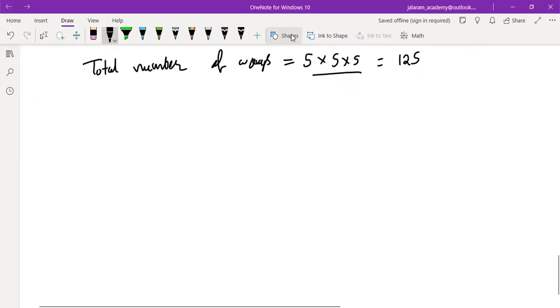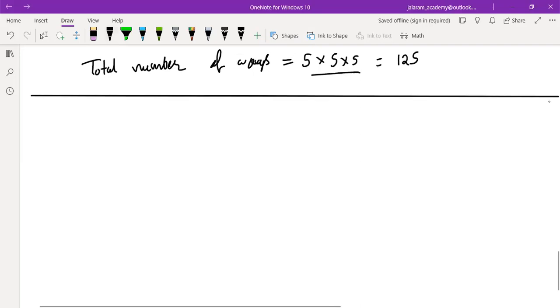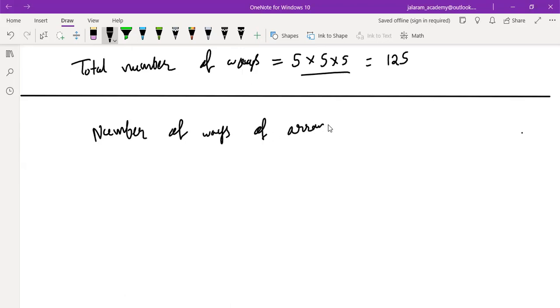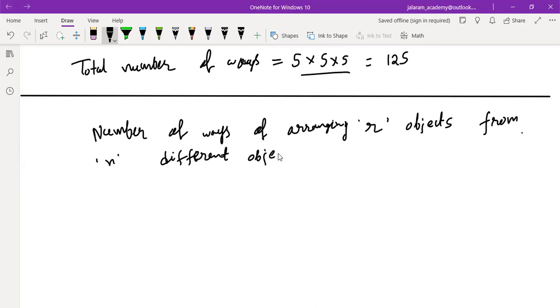So using the same concept, if we form a formula now: number of ways of arranging R letters or R objects from n different objects.